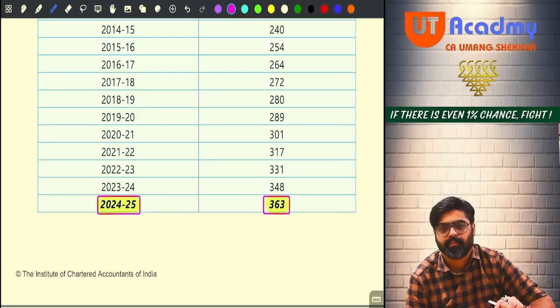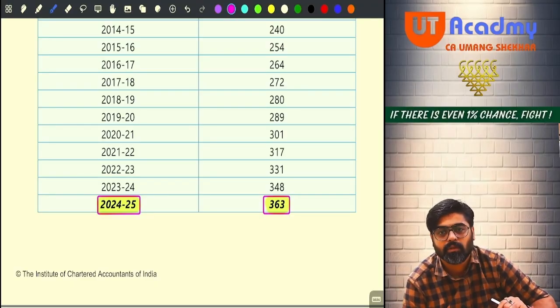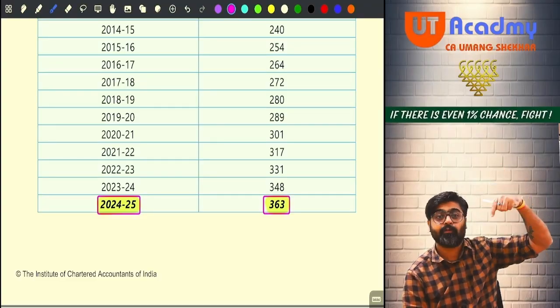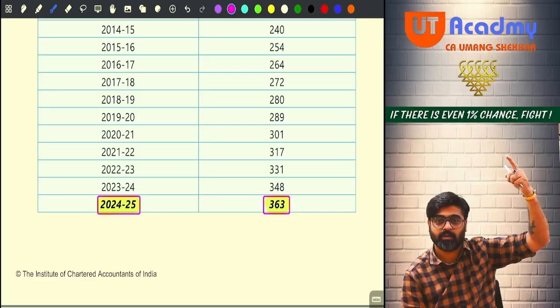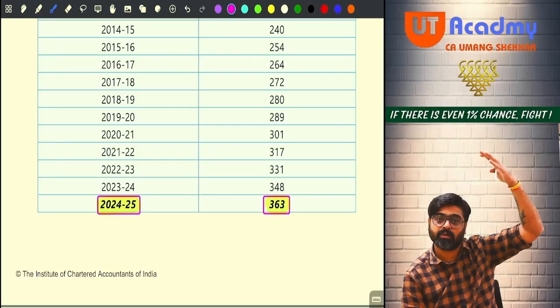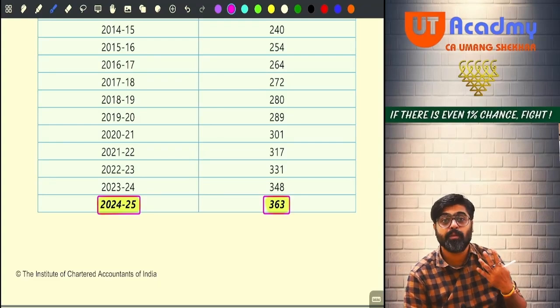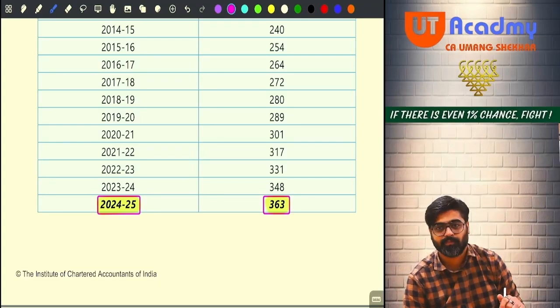363. Almost 3.5 times more as compared to 2001-2. So at that time, if some asset cost me 100 rupees, right now, today, the cost of that asset is 3.63 times more.